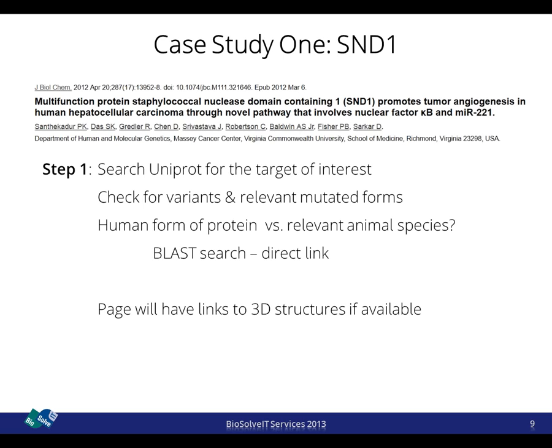What we can also do there is check that the human form of the protein is not different, or if it is different, how different it is from an animal species that might be relevant to subsequent model studies. And we usually achieve that using a BLAST homology search. And the other nice thing about UniProt is that it will have a direct link to any 3D structures if they are available.